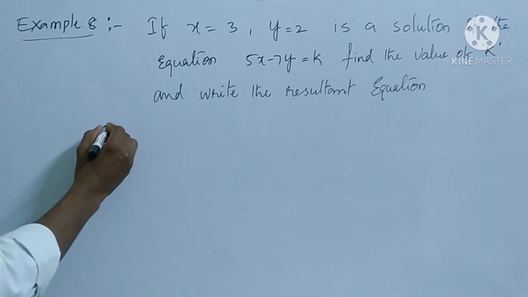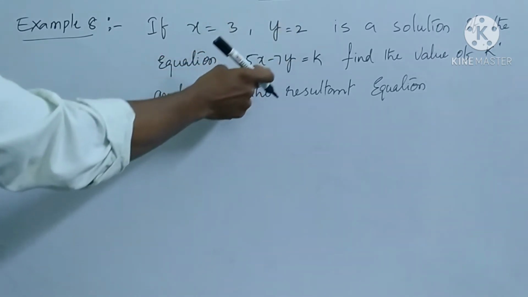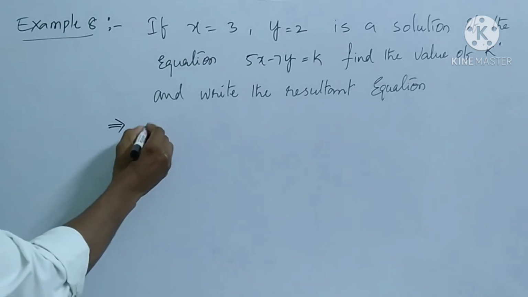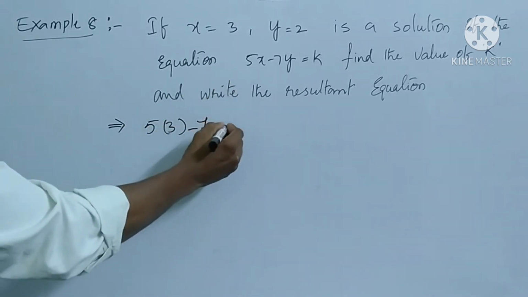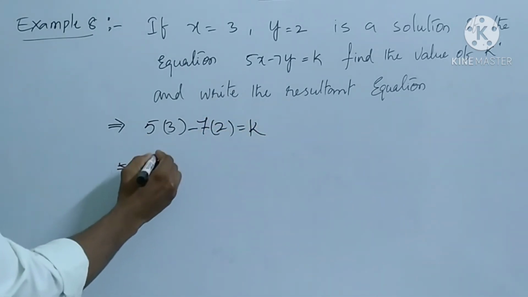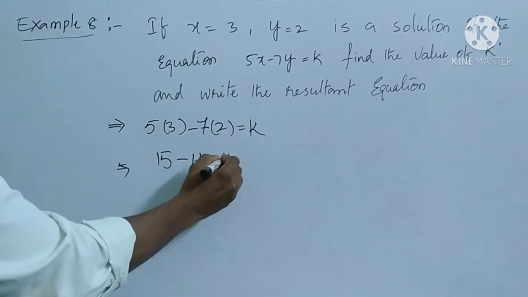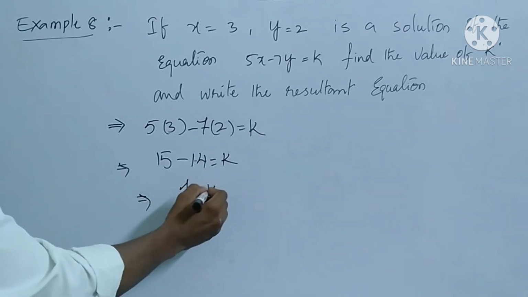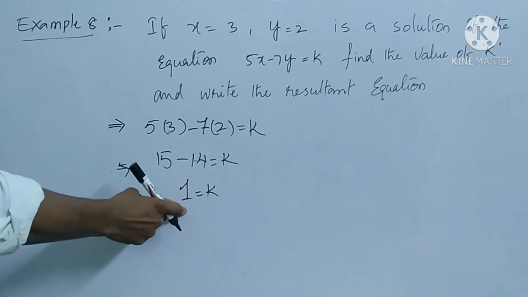So substitute x is equal to 3, y is equal to 2 instead of x and y in the given equation. So 5 into 3 minus 7 into 2 is equal to k. So 5 threes are 15 minus 7 twos are 14 is equal to k. So 15 minus 14 is equal to 1. So here k is equal to 1. The value of k is equal to 1.